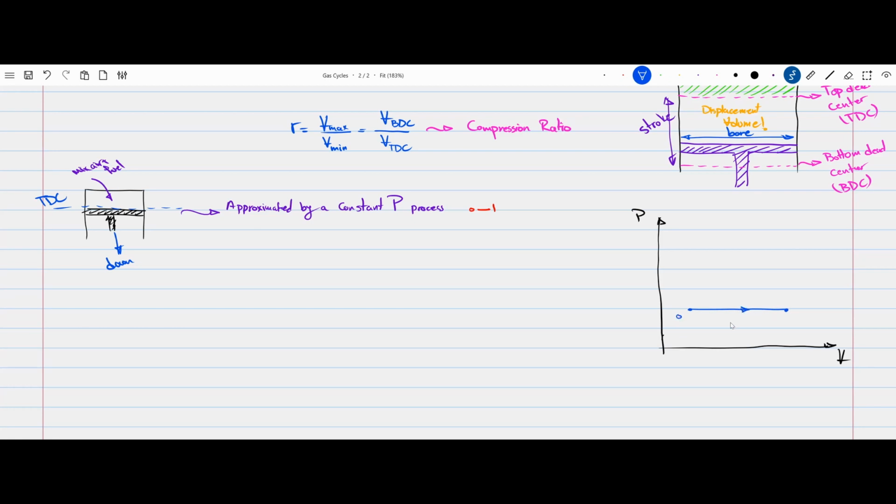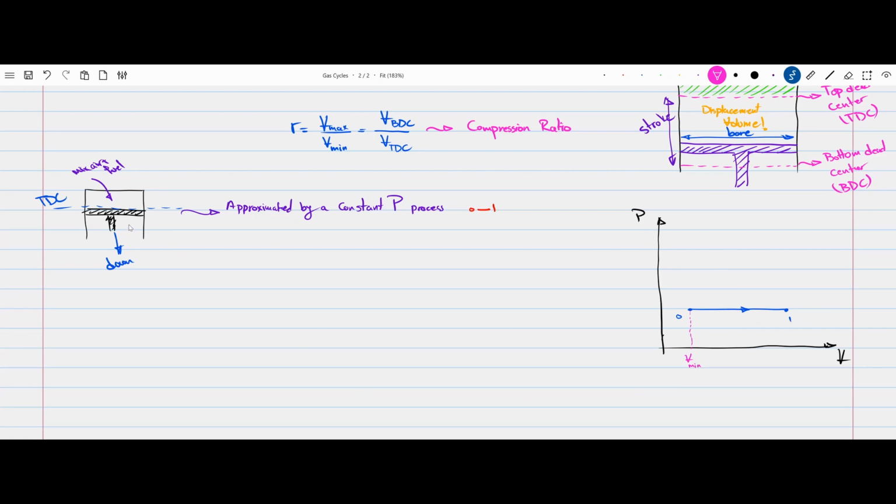Keep in mind, we are looking at the practical problem right now. So this is 0 to 1. A few things that are worth mentioning is that, remember, the process starts where the piston is at the TDC, at the minimum volume. So this is V minimum.